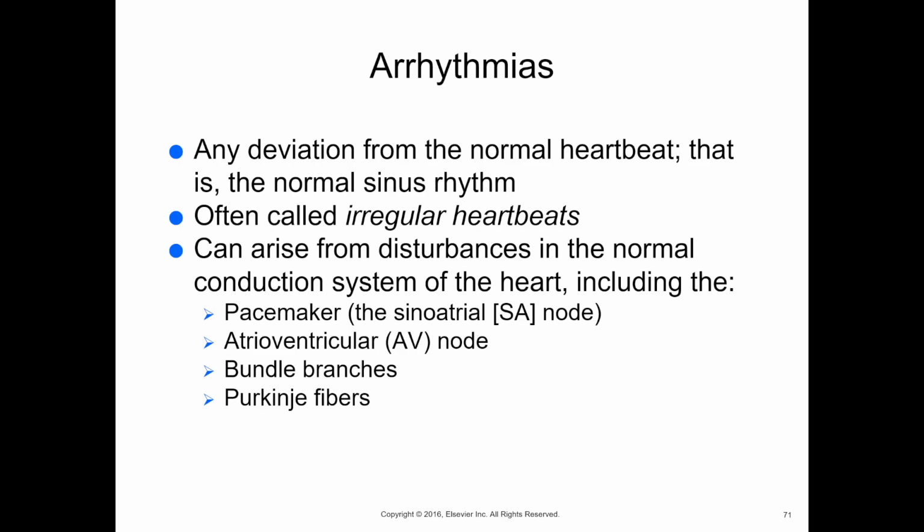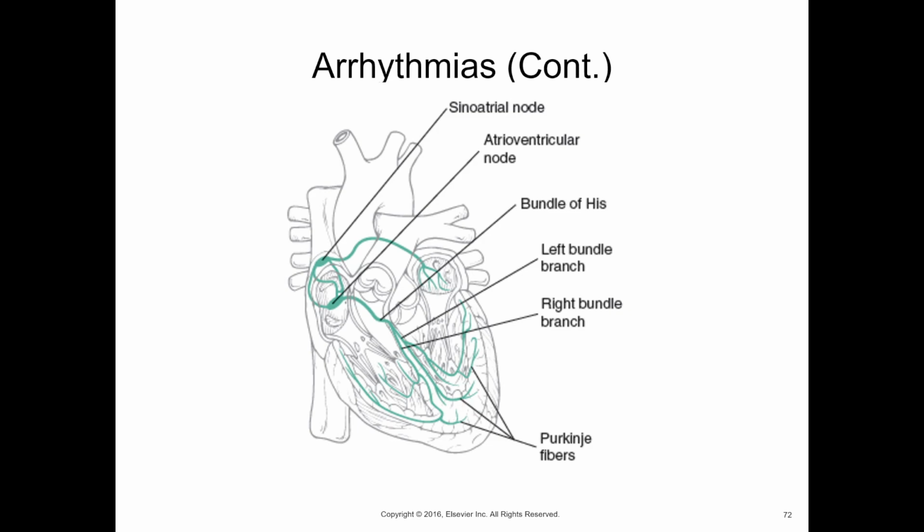One of the four most common places where disturbances occur are your sinoatrial node or the heart's intrinsic pacemaker, AV node, which is kind of the point where the heart synchronizes timing of electrical conduction between the atria and the ventricles, your bundle branches, which split your right and left to supply your right and left ventricles, and then your Purkinje fibers, which actually disperse out from your bundle branches and into the myocardium. So our outline of that is here.